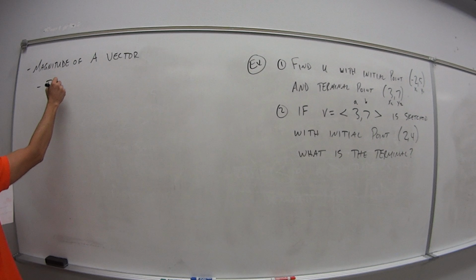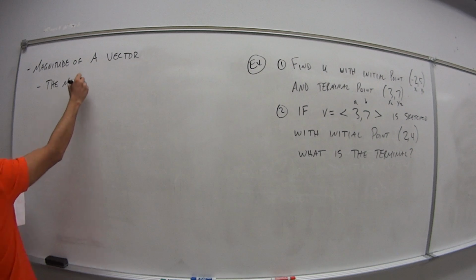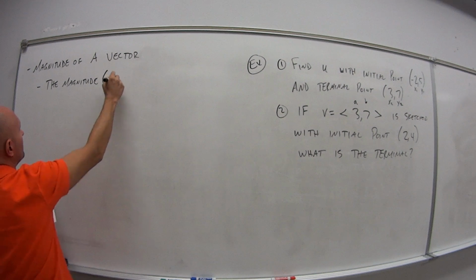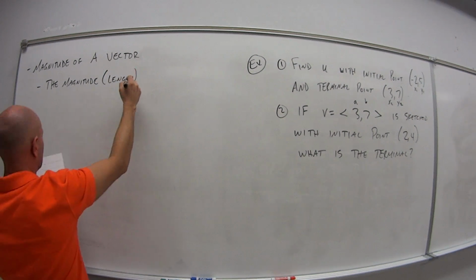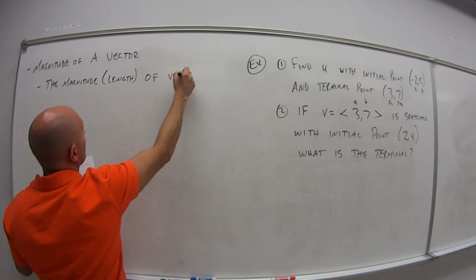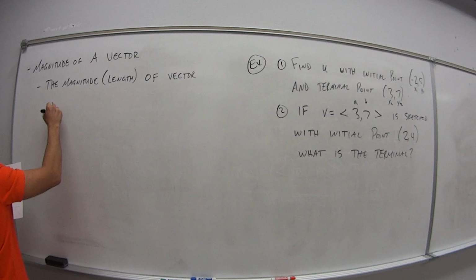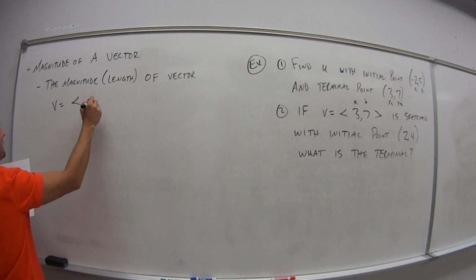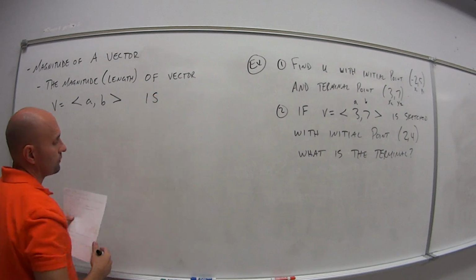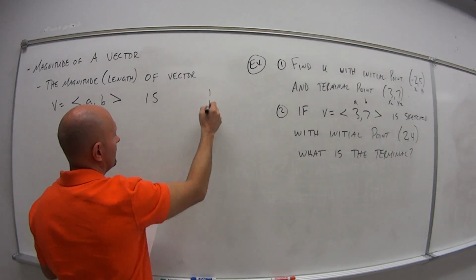So the magnitude, or length, of vector v, which has dimensions a, b, is as follows. Well, what is this representing again?